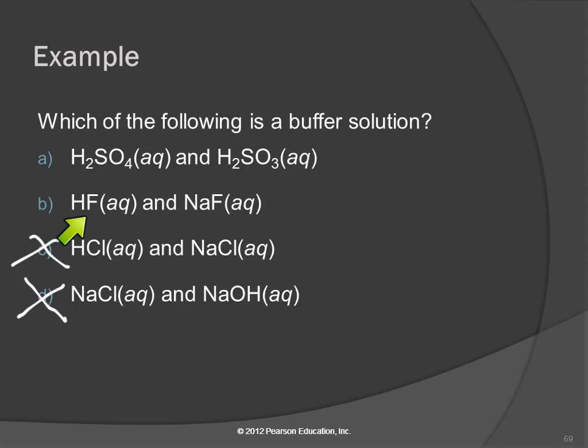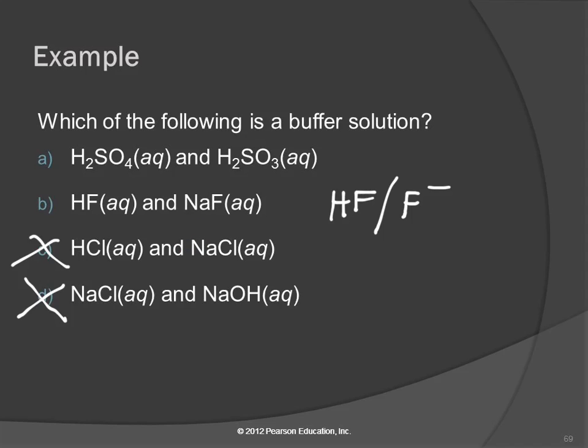How about this guy, HF? Is that an acid? Yeah. Is it a weak acid? Yes. Okay, what's the conjugate base of HF? So we've got HF, and the conjugate base will be when we remove a hydrogen ion, right? So F minus. Does this have a F minus in it? Yes, it does.